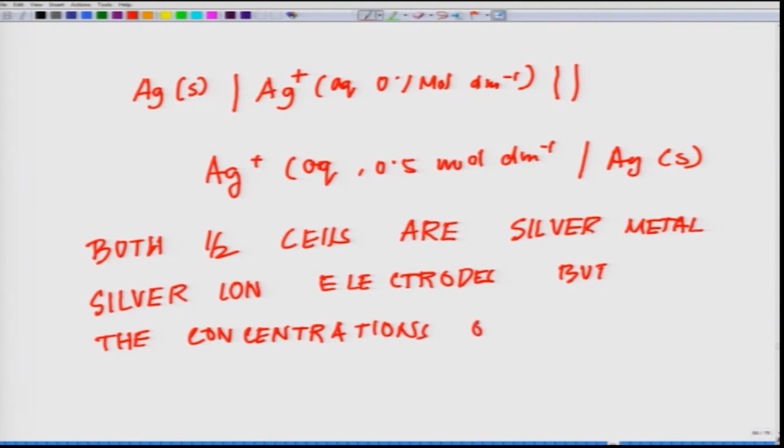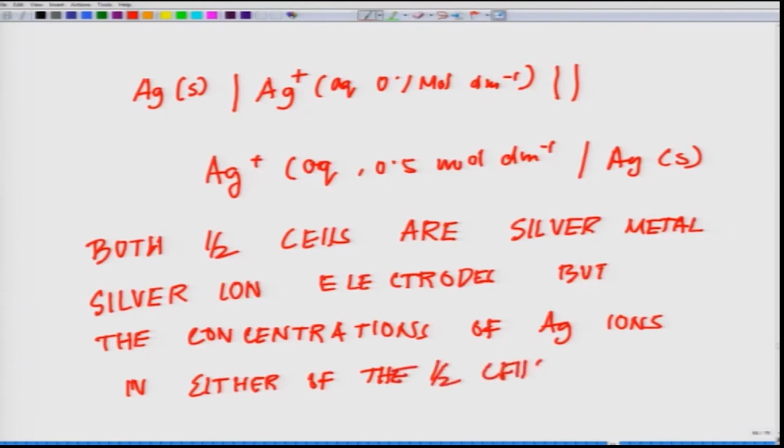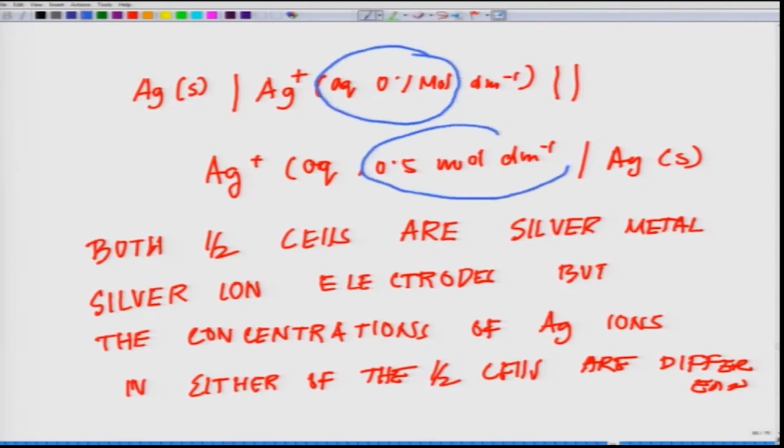As you can see clearly, this is the difference.